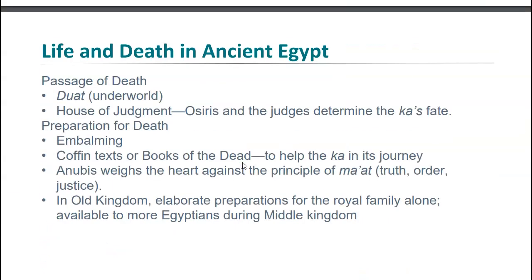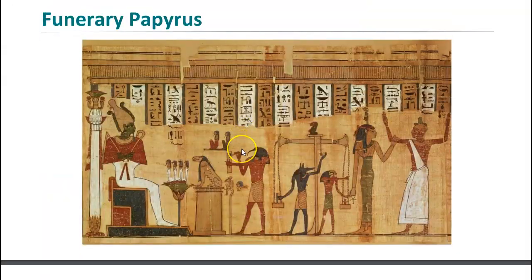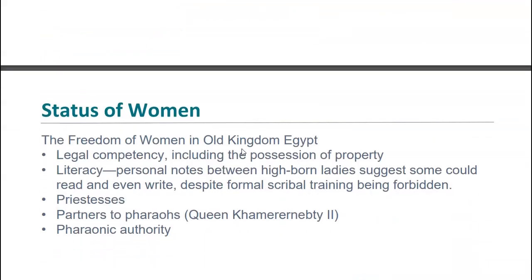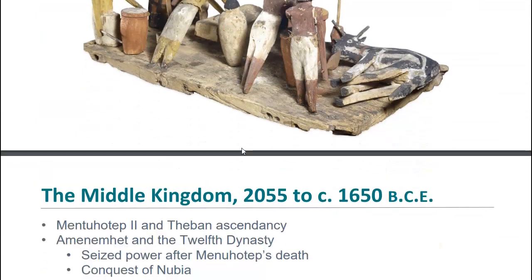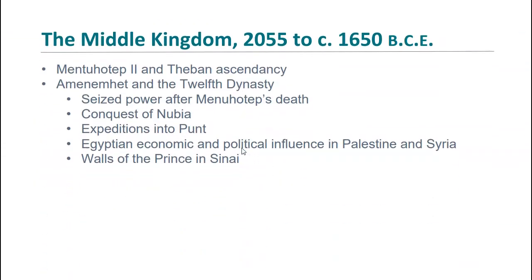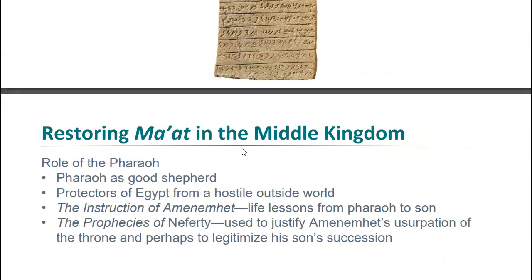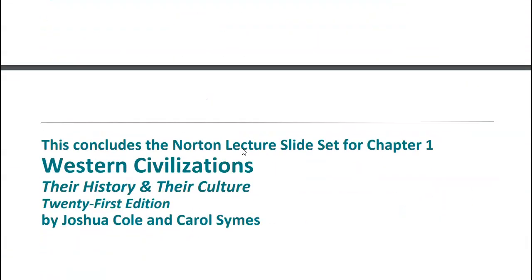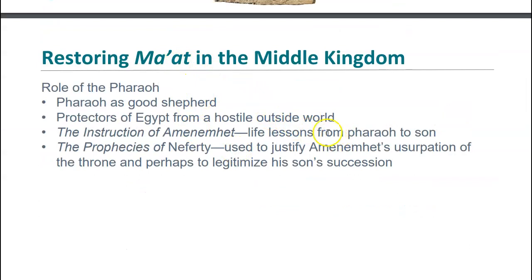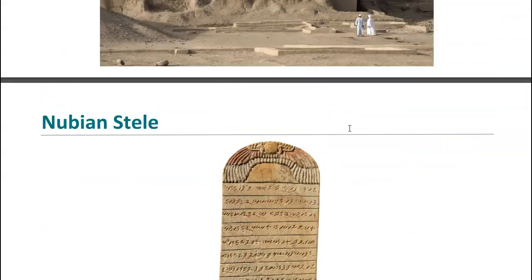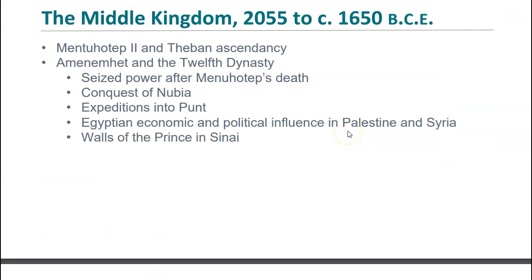So be looking for why you think that happens. And you move on eventually to get to the Middle Kingdom. And then you're going to finish up talking a little bit about the end of Egypt. And maybe later on we're going to move into the New Kingdom part of Egypt.